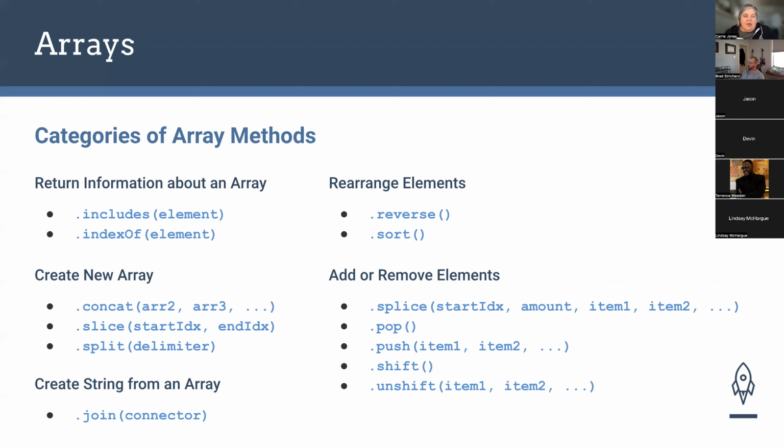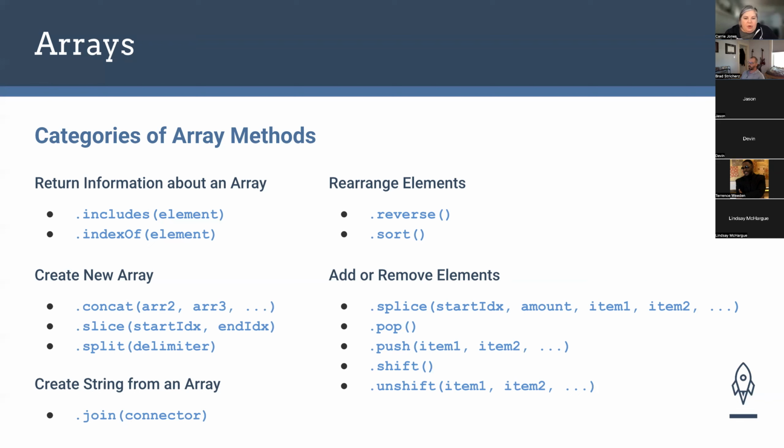Your course book actually has them categorized now, which is really nice. It used to be one big long list. I followed those same categories with the exception of join, because technically that's not creating an array, it's creating a string from an array. And so let's get into these.